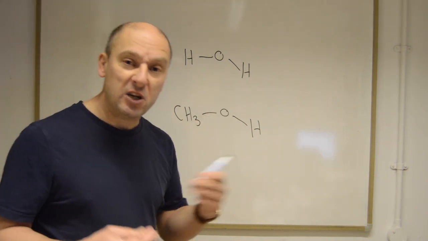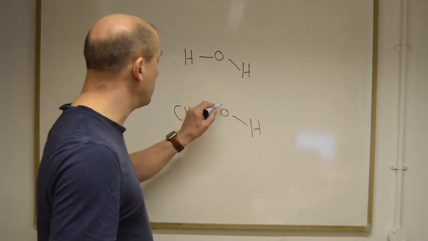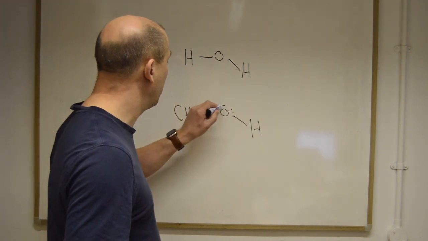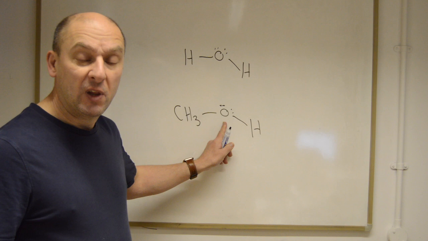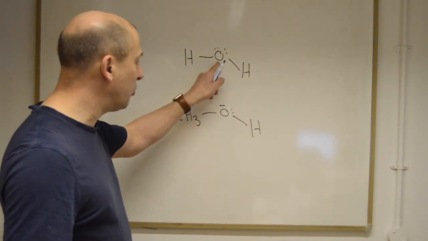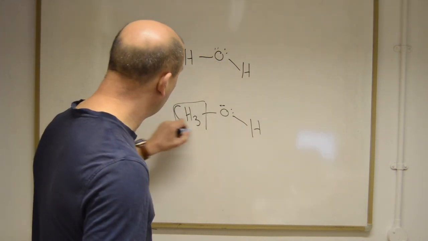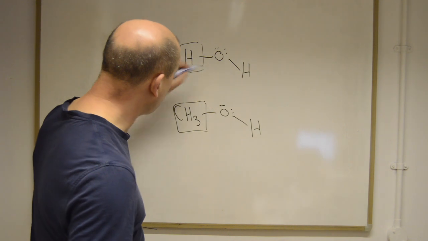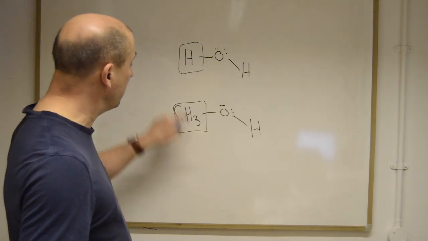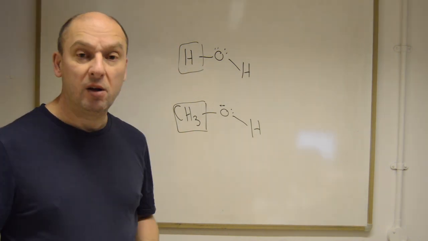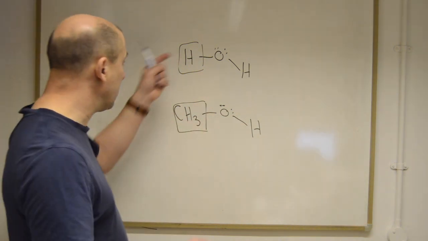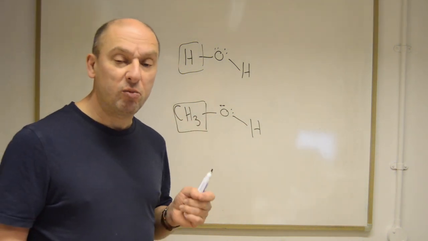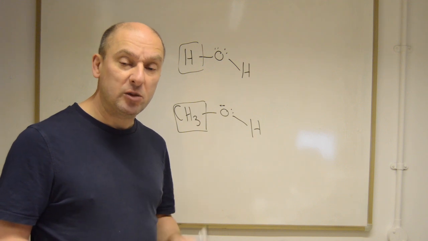I'm not saying it's got a positive charge. We've got oxygen atoms here, in both cases, with 2 lone pairs. This oxygen is less negative than this oxygen, and what that means is that the difference between H and methyl, if the methyl reduces the negative charge relative to the H, then the methyl is electron withdrawing, and it's a really small effect.